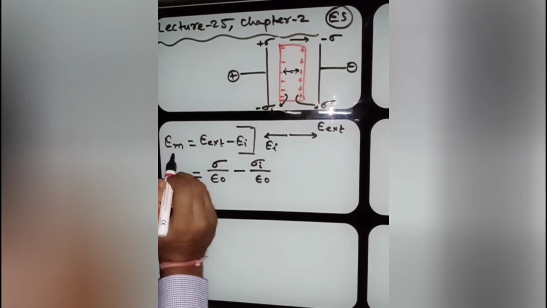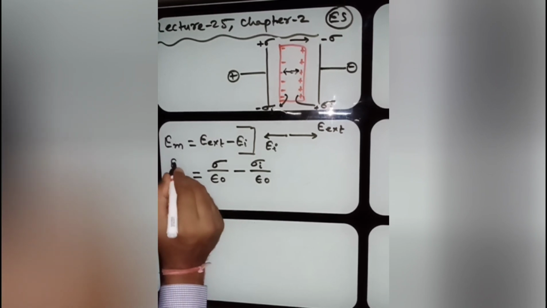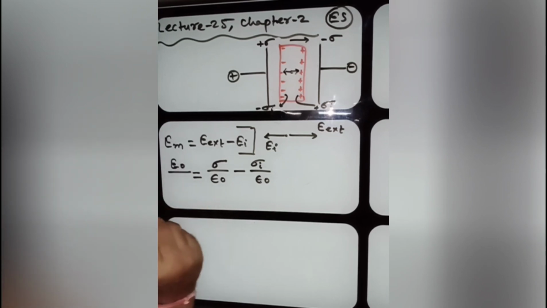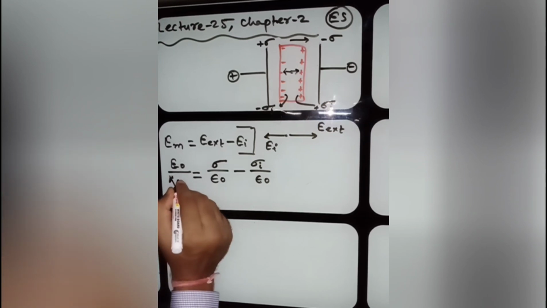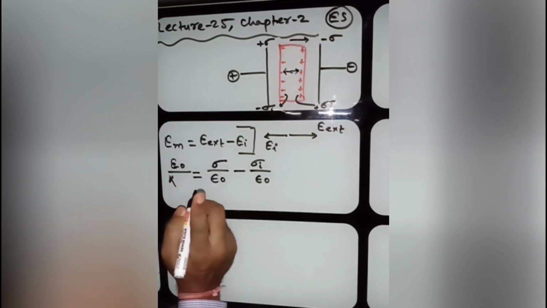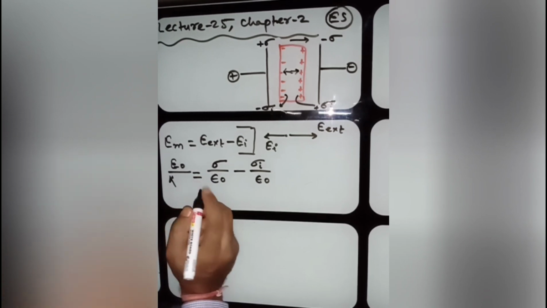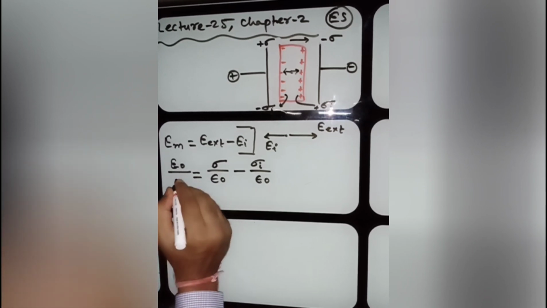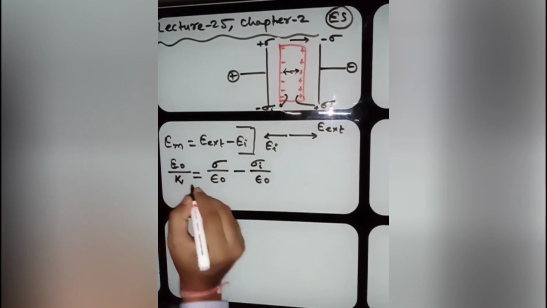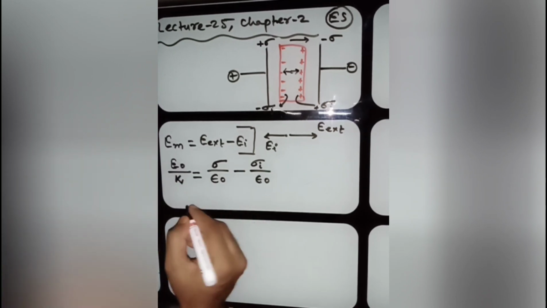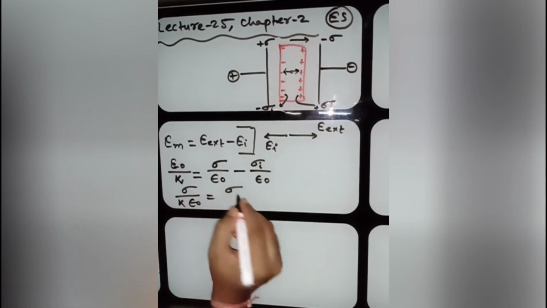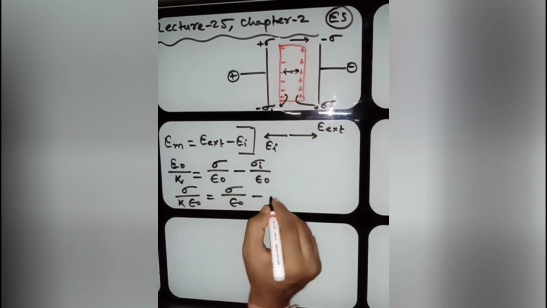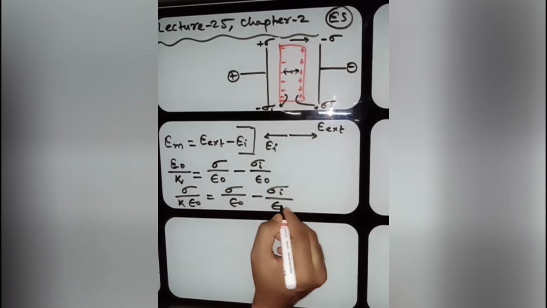It is nothing but 1 by k times the electric field in vacuum, and this can be written as sigma by k epsilon naught equals sigma by epsilon naught minus sigma induced by epsilon naught.